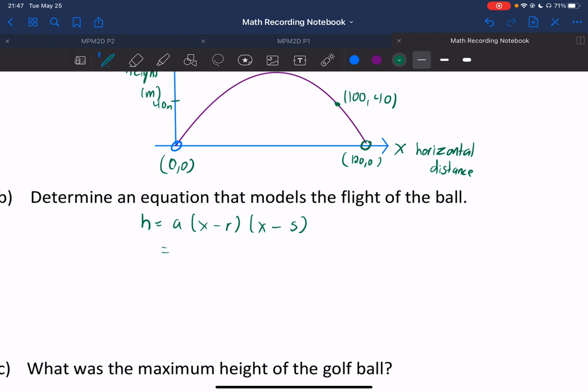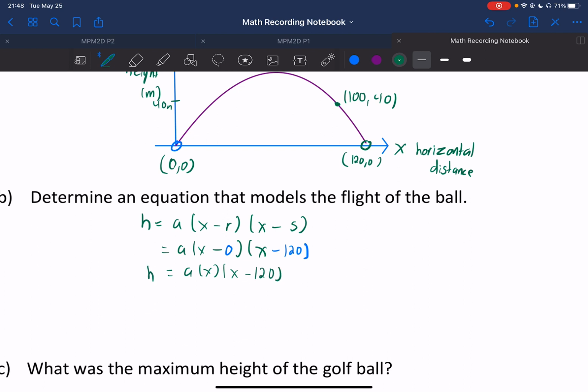Our second zero is at 120, so S is replaced with 120. If we rewrite that, it looks like h equals a times x times (x minus 120).